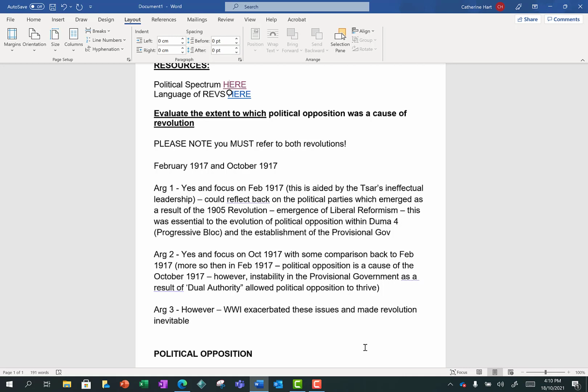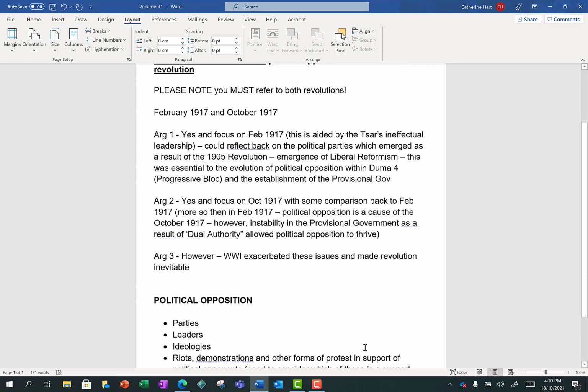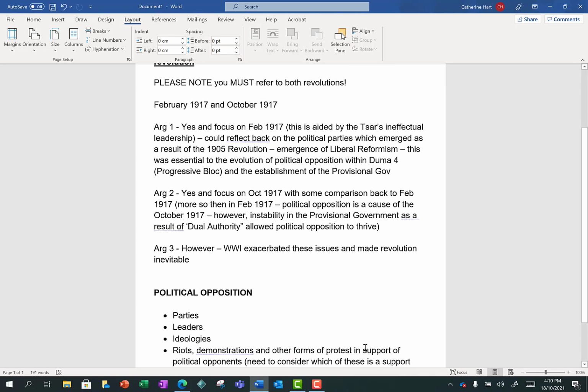They've been banished, okay? So too, we see political opposition as a cause of the second revolution in October 1917, but it's far more radical. It's far more revolutionized. It is the Bolsheviks and the Mensheviks here who are taking power. Actually, it's the Bolsheviks.